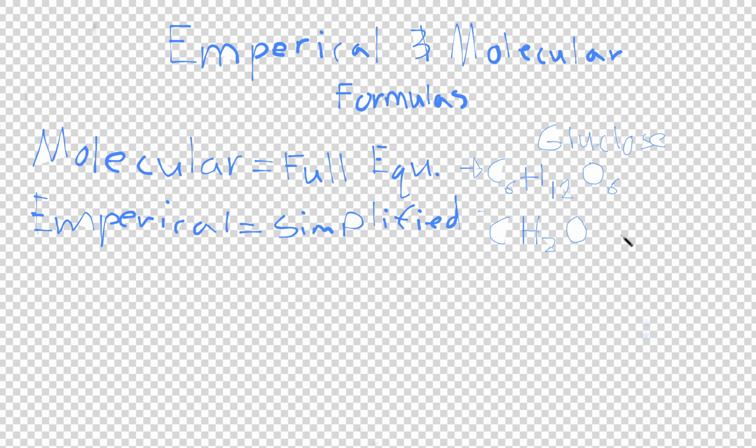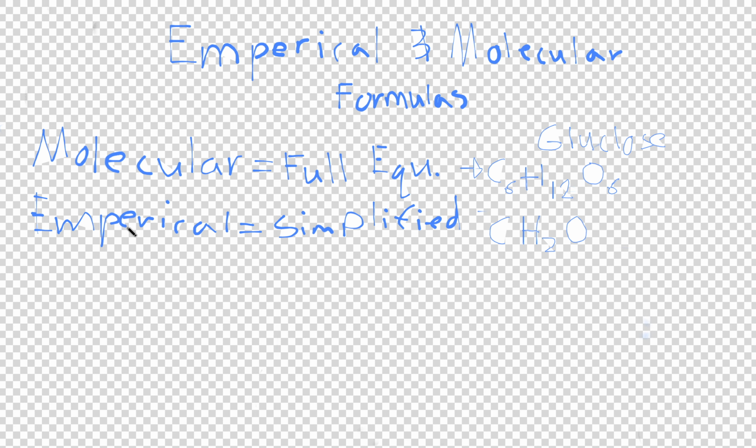Understanding this, we can see that both of these equations give us a molecular understanding of how an equation could look, whether that's the molecular equation or the empirical. Cool.